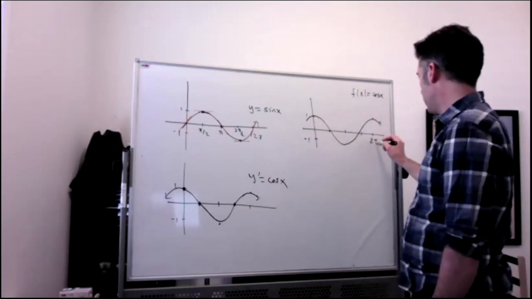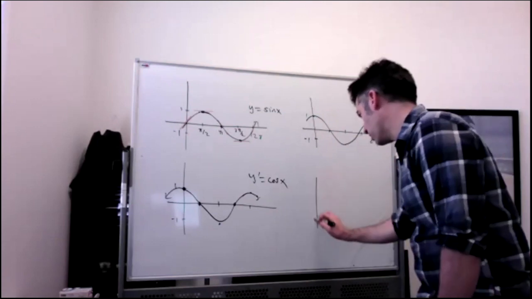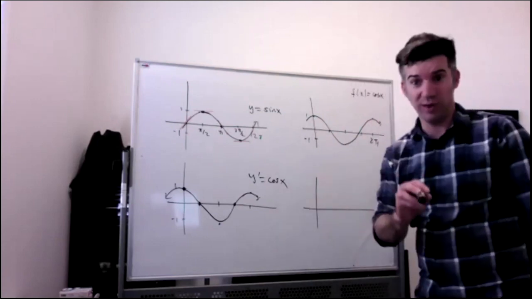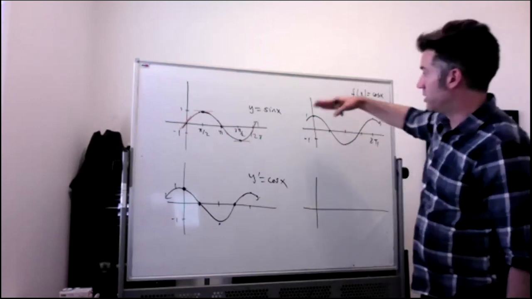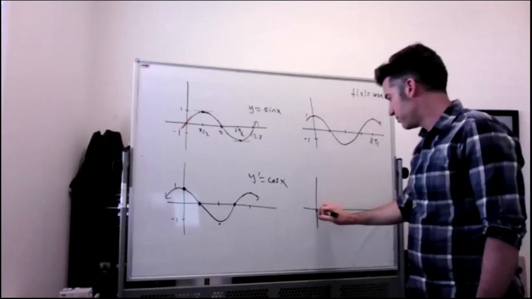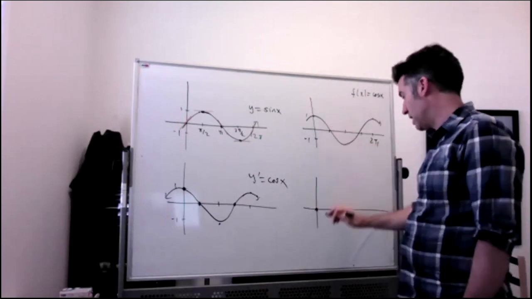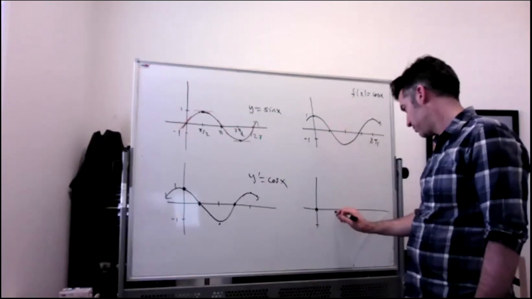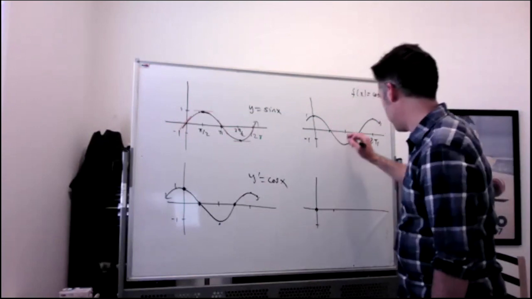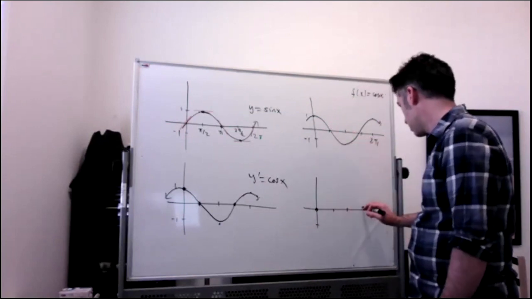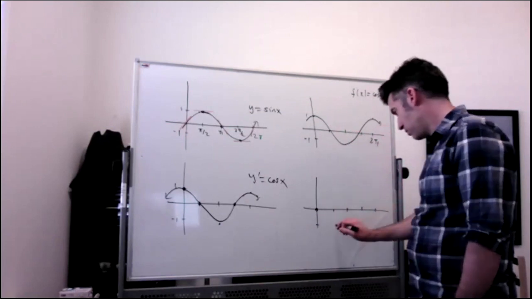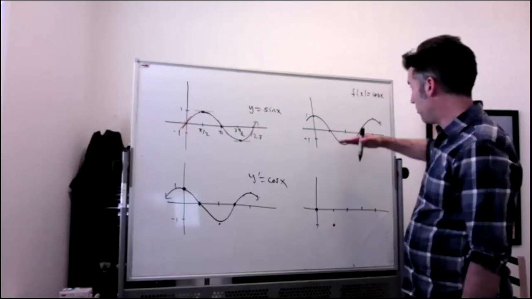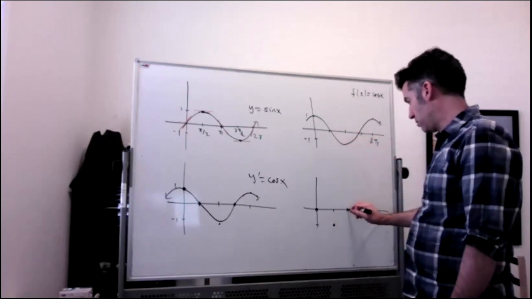We have the 2 pi, and if we try and draw its derivative below it, the slope of the tangent line there is 0. And pi over 2 is a negative slope. Let me draw my little values so they match up. At pi, it's 0 again.